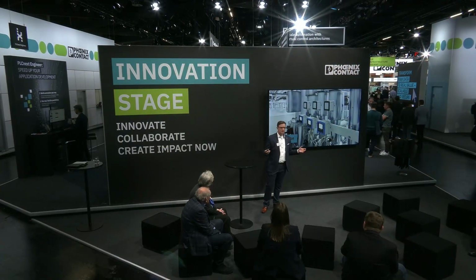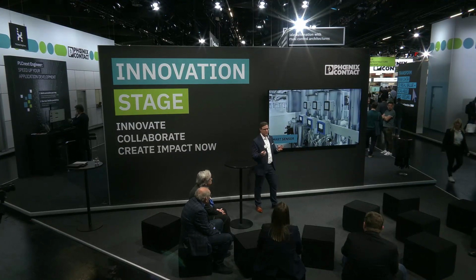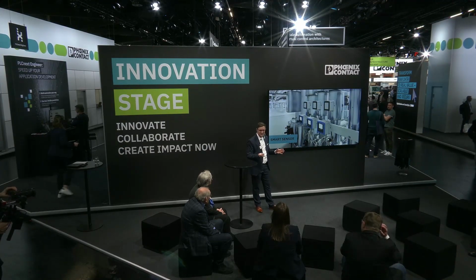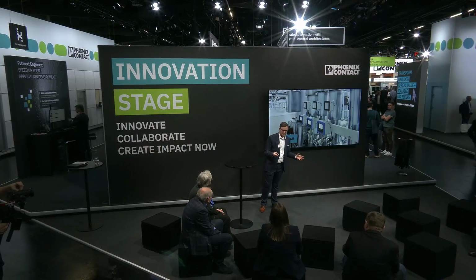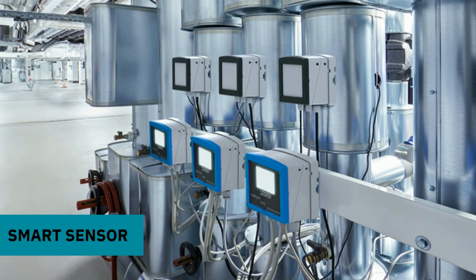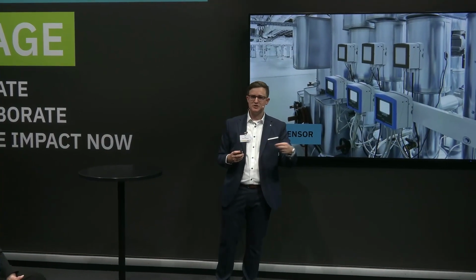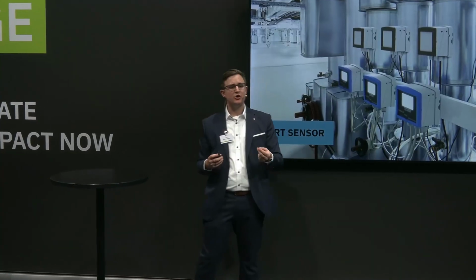Next, what we call virtual sensor or smart sensor. To be honest, we are not quite clear on how to name it, but the key idea is that we want to have a measurement system, measuring the process parameters, and then we want to later replace this real measurement device with the machine learning model.